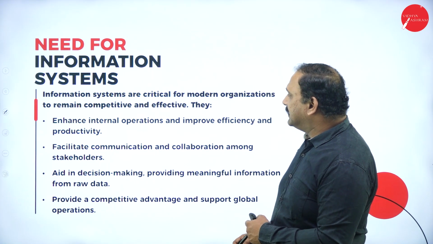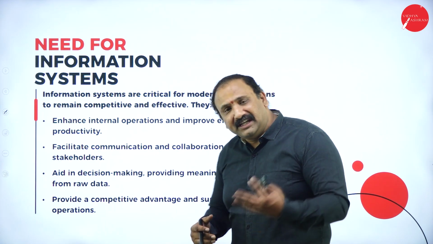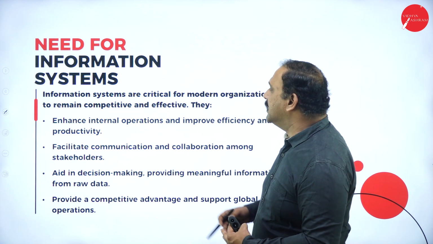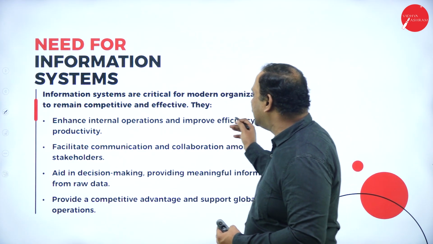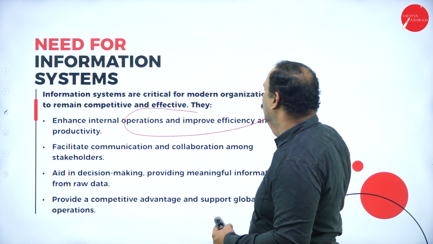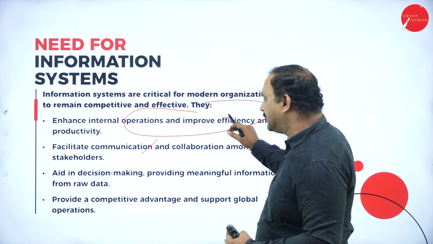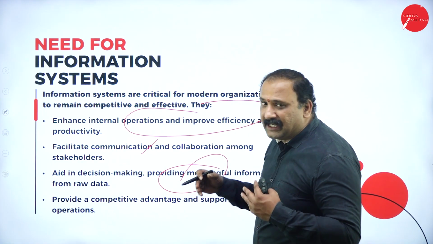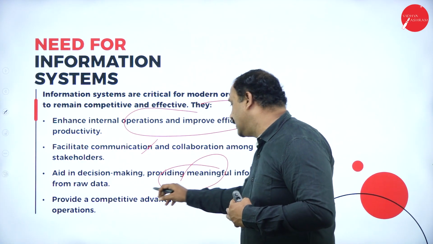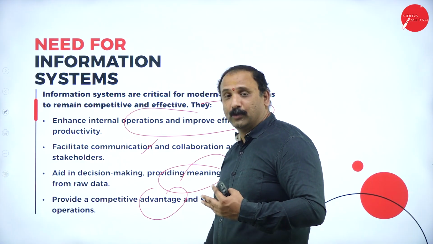Let's move further. Let's try to understand the need for information system. What is the primary purpose of information system? Enhance the internal operations, improve efficiency, facilitate communication, aid in decision making, provide meaningful information, a competitive advantage and support global operations.